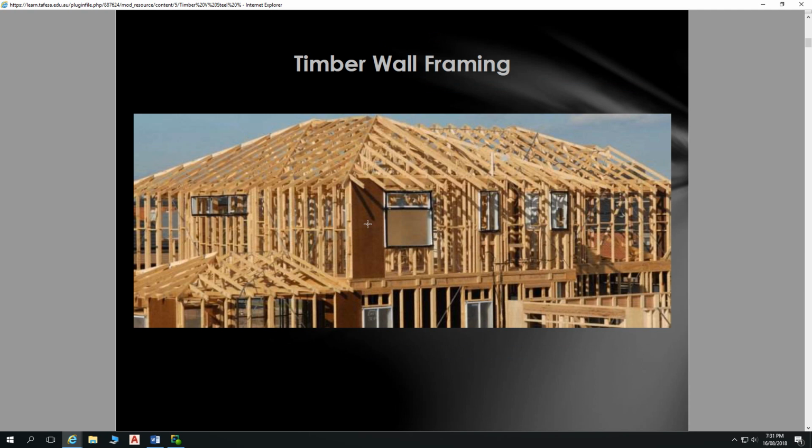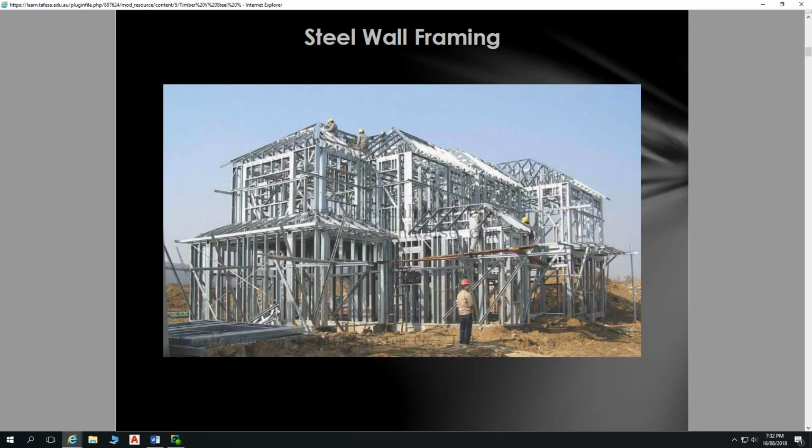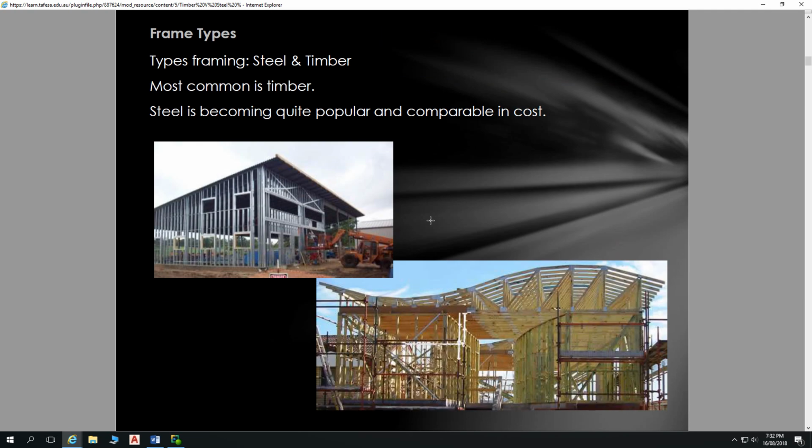As building designers, yes, we can use AS 1684 to design wall frames of timber. It's not so simple with steel. Of the two frame types, most common is timber, but steel is rapidly becoming a major contender in that space.